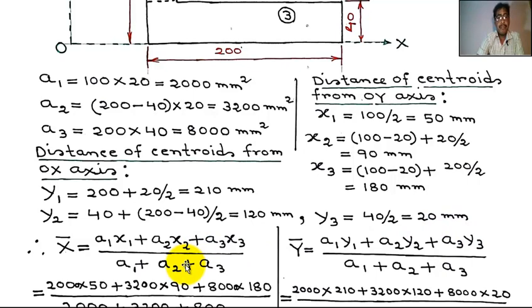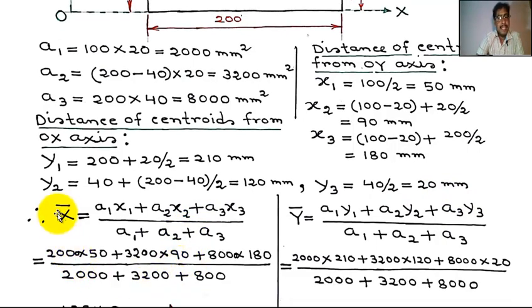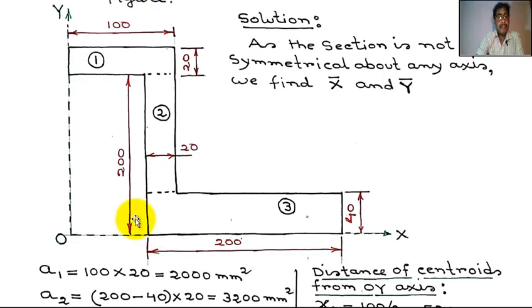Now we know x bar equal to A1 x1 plus A2 x2 plus A3 x3 by A1 plus A2 plus A3. A1 is the area of rectangle 1, x1 is the distance of CG of rectangle 1 from Y axis.